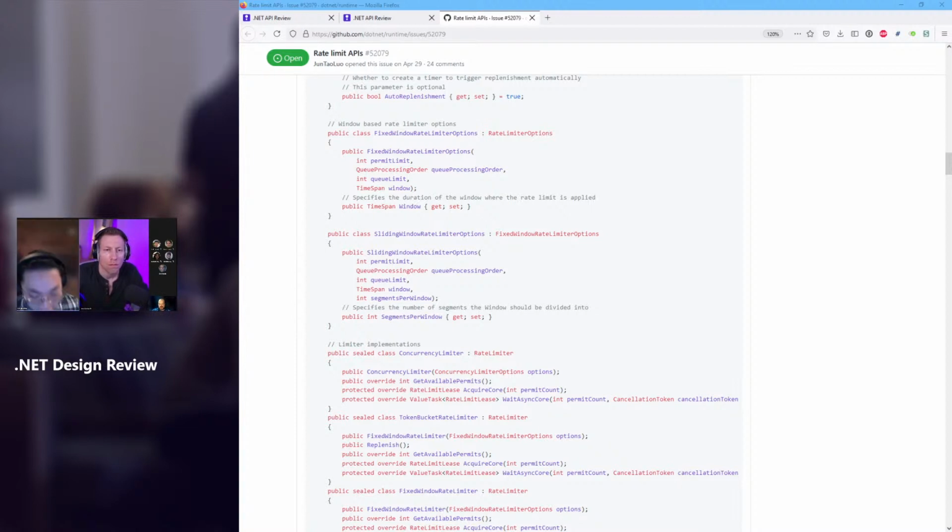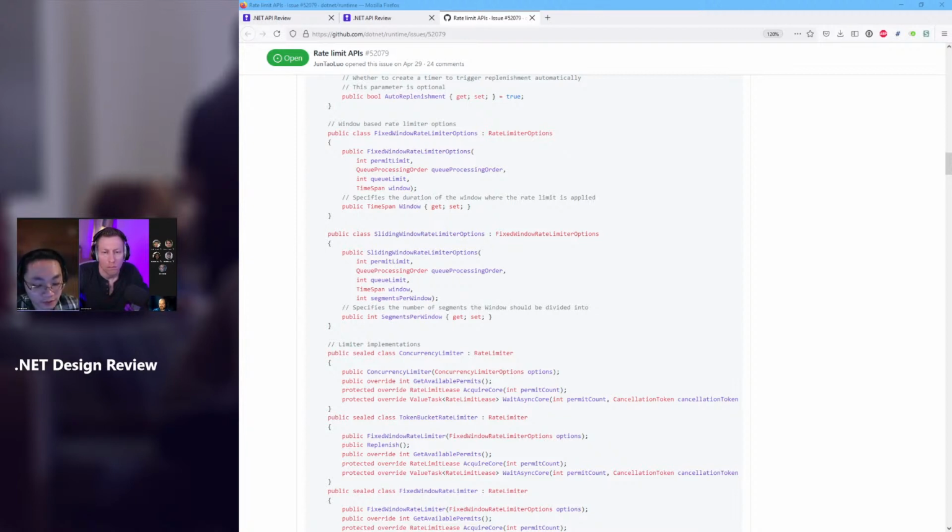I see. So in terms of queuing, in the sliding window case, every time the segments roll over, you essentially get a piece of the permit limit becoming available, of however many were in the segment that just got popped off.